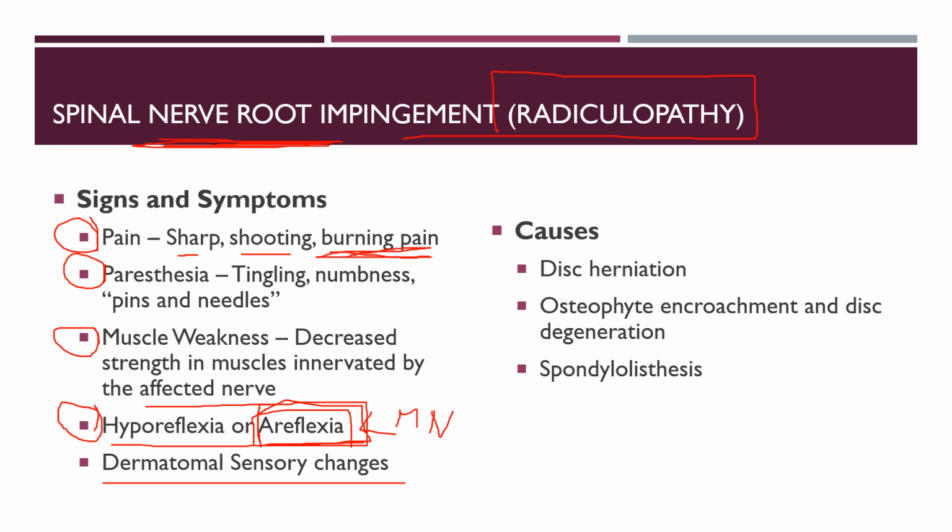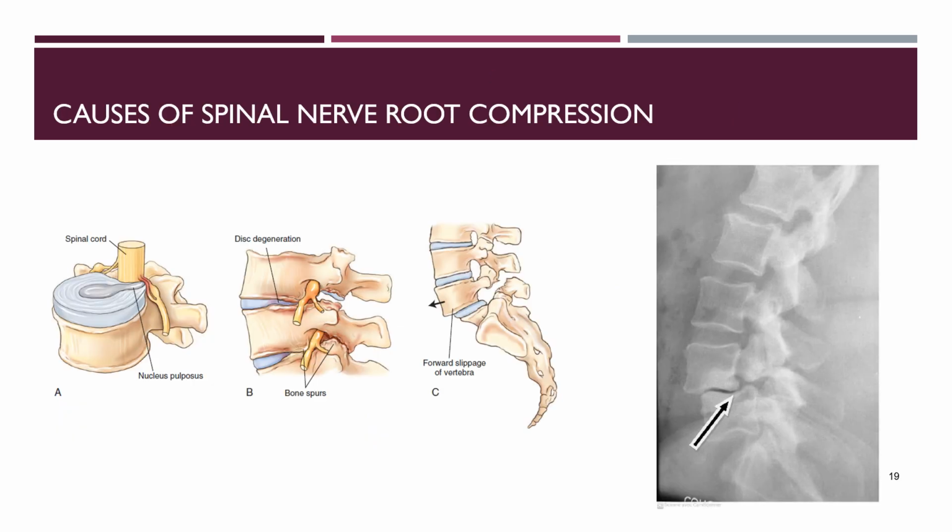The main causes of these signs and symptoms due to nerve root impingement would include disc herniation, osteophyte formation or encroachment, and disc degeneration. And then we also have spondylolisthesis, which we haven't talked about a lot, but I do want to show you a slide that has all three of those on there.